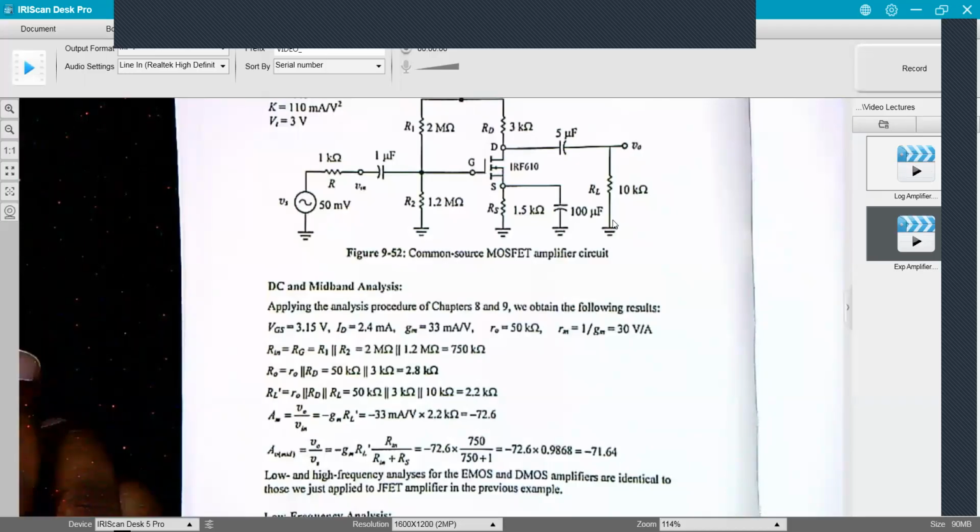Output impedance does not include the load, I'm sorry. Looking into this node, you're going to see RD in parallel with little RO, which is about 2.8K. And let me shift over for a second to show you the small signal model.